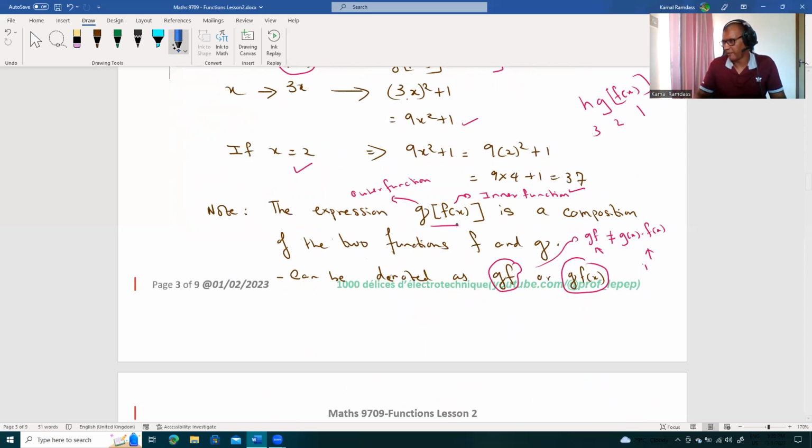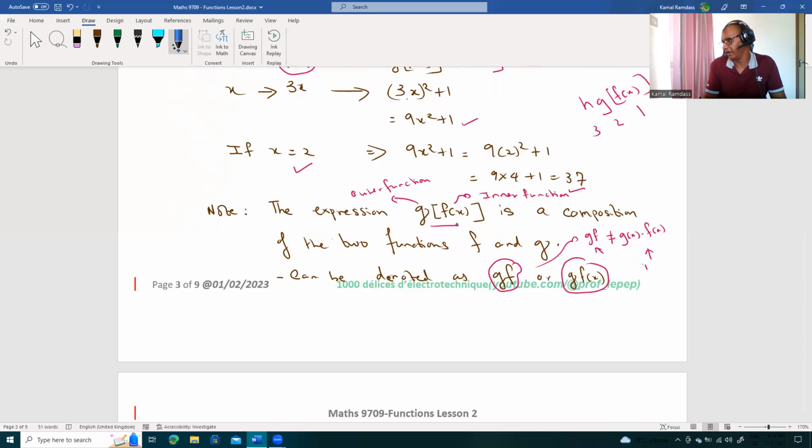The expression g of f(x): here, we call f(x) the inner function. G we call the outer function. It is a composition of two functions, f and g. OK? It can be denoted by gf, or rather gf(x), but in fact we pronounce it as g of f(x) or g of f.